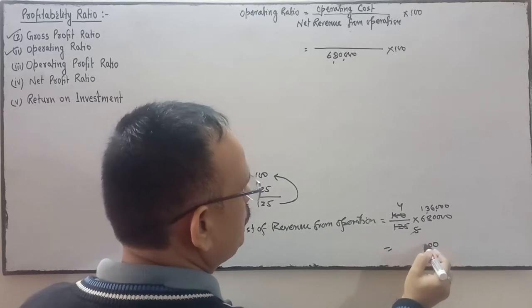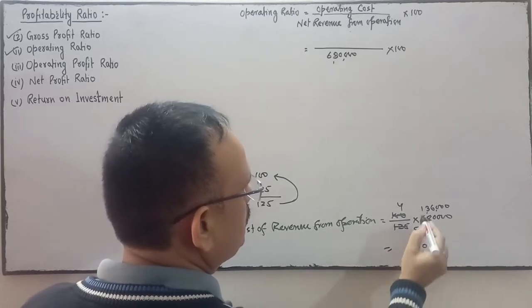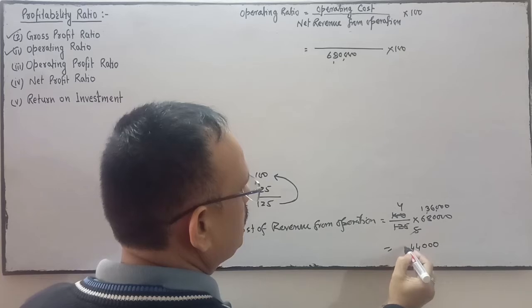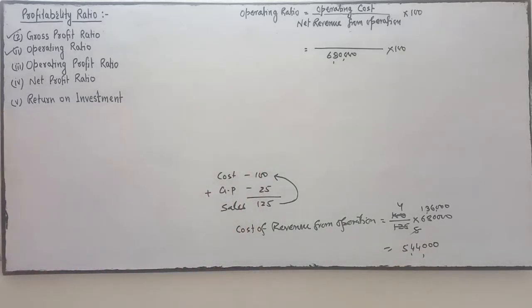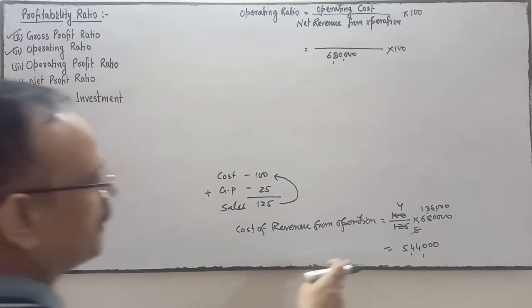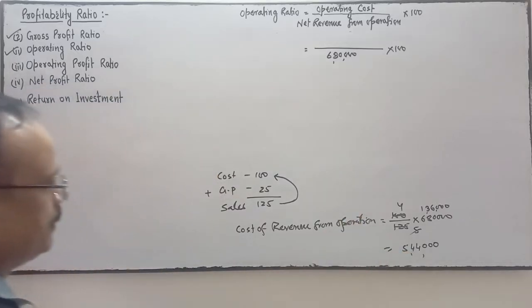It is 5,44,000. Is it clear? 5,44,000 is the cost of revenue from operation.